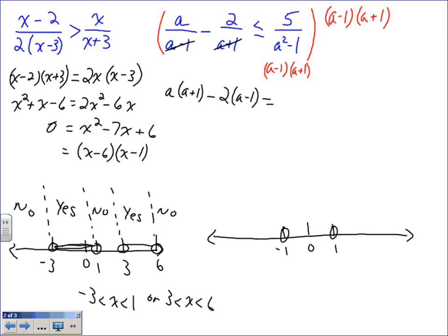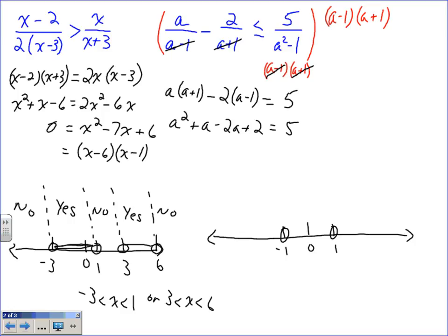And here, the a minus 1 and the a plus 1 will both cancel, and I'll simply be left with 5. And isn't that an easier problem to deal with? Okay. Again, the book suggests subtracting this from both sides, using a graph.